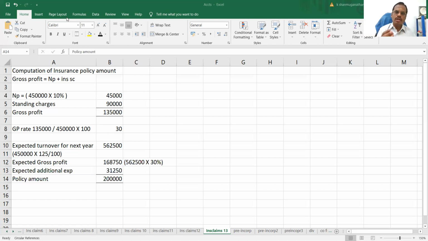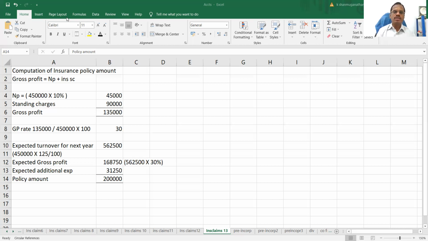The only difference is that it is called insured standing charge, not all expenses. We don't take all variable expenses at all. What is standing charge? Kindly refer to the study material, where a detailed explanation is given. It is expenses which remain unaffected by volume of operation. They are called standing charges. When that is covered by an insurance policy, we call it insured standing charges.